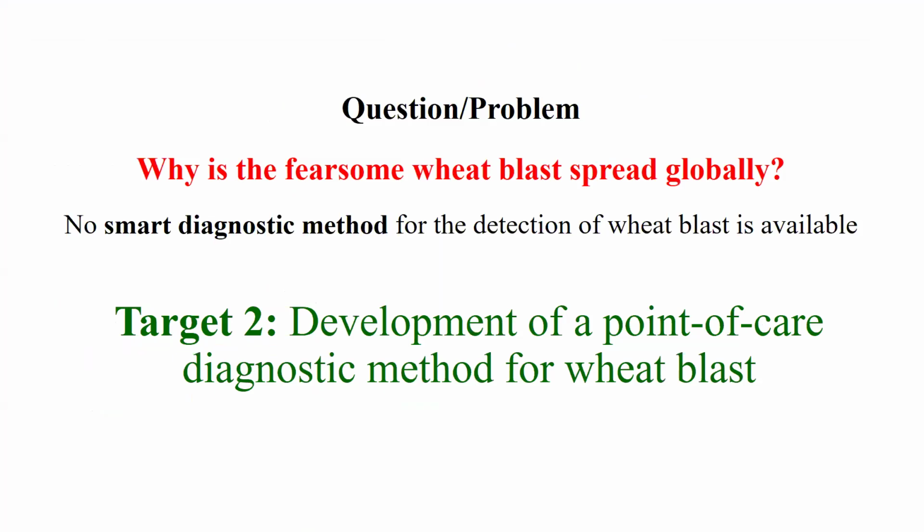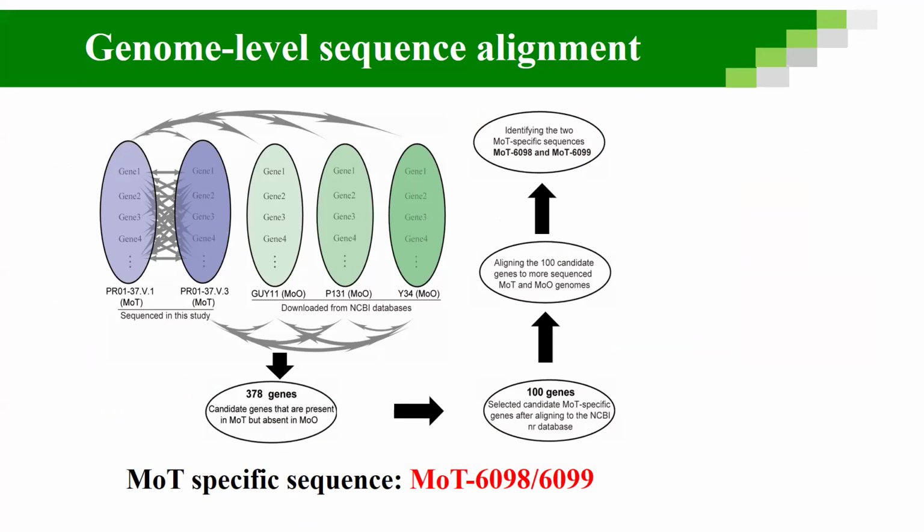Oh, just a moment. Yes, we first developed a PCR method by using a genome-specific primer. We discovered MOT 6098 and 6099 in the genome of Magnaporthe oryzae, because there were no genome-specific primers.